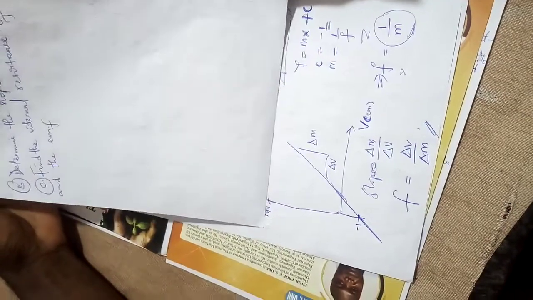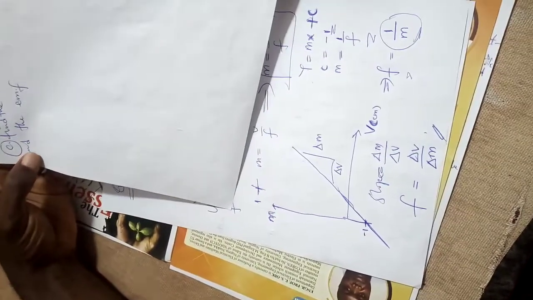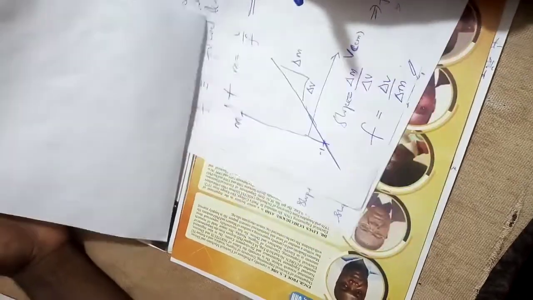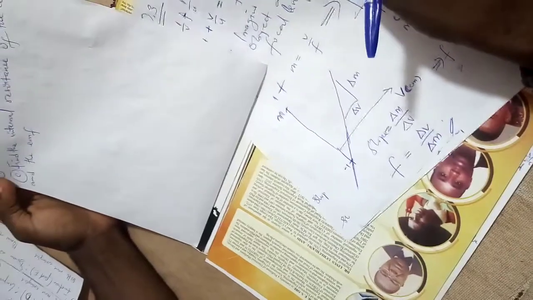Okay, we have this one, which is the last question for the day. This has to do with electricity. I'm going to run this very fast so that we can call it a day. All right.